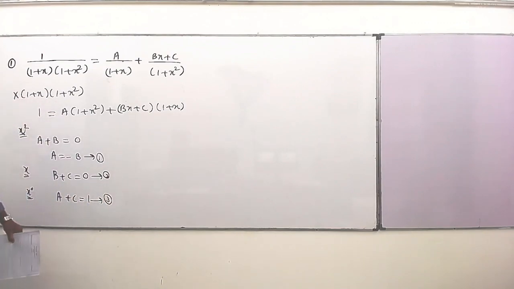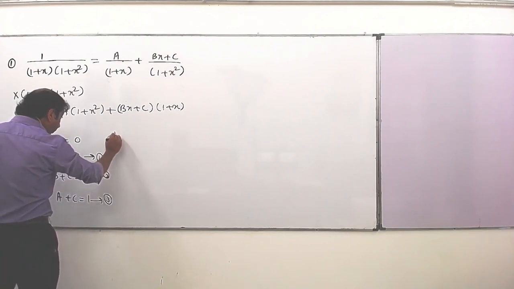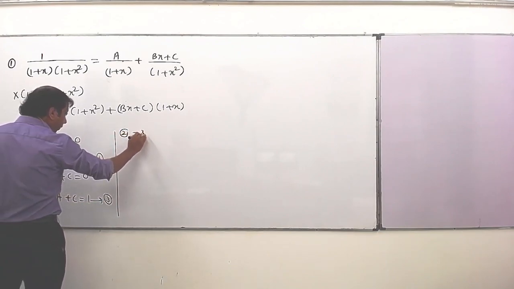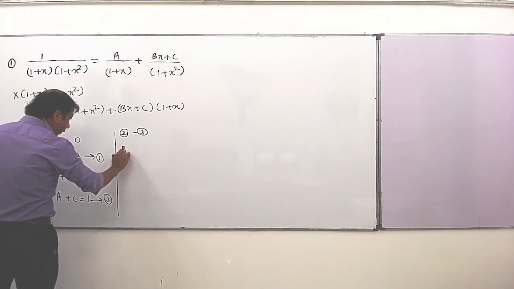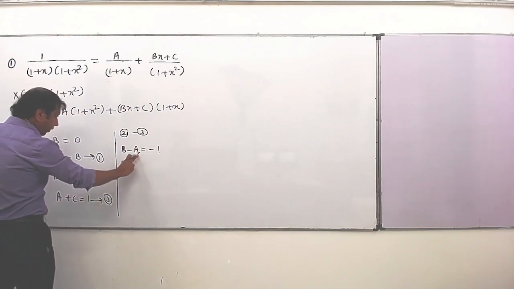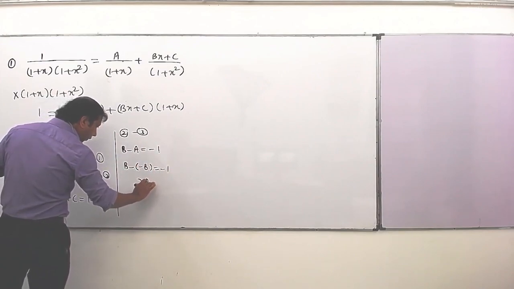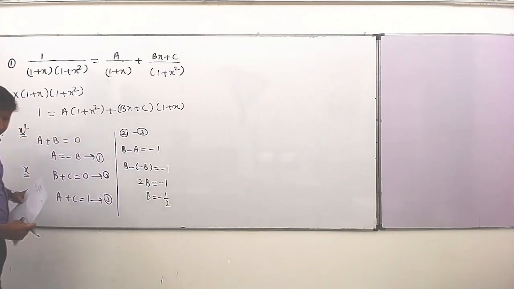And now we have to solve these three equations. This way we can solve this. B minus C, and C we can cancel down. A equals minus B. Then we get 2B equals minus 1, B equals minus half.